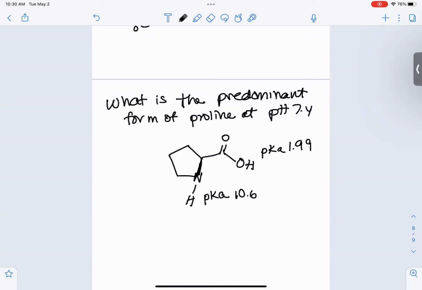So draw the predominant form of proline at pH 7.4. Oh, sorry, I have to add the extra hydrogen. So this is the one that has the pKa of 10.6.